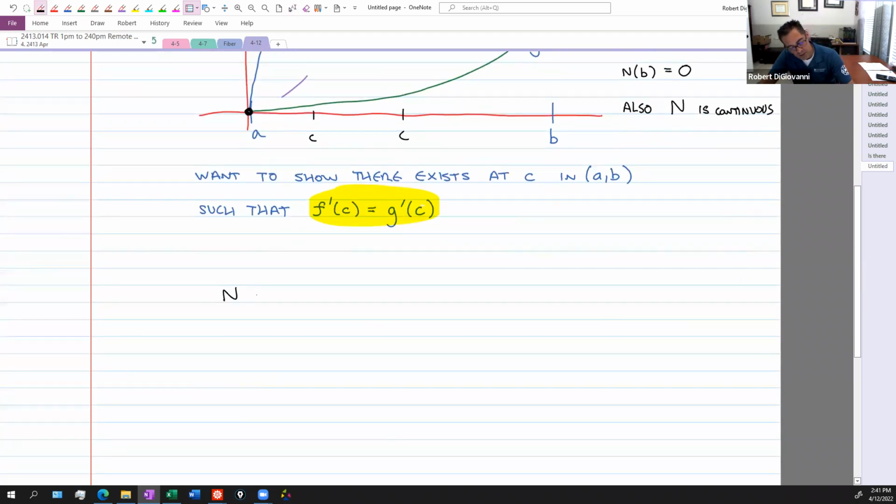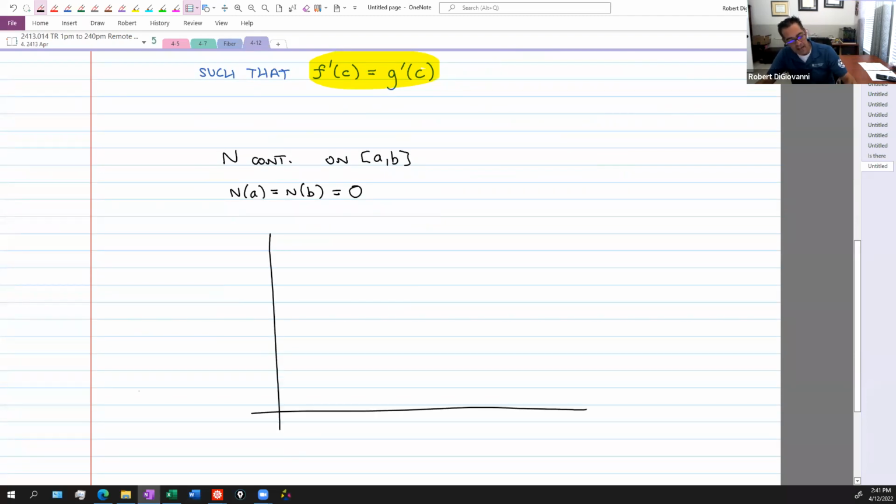So I have n is continuous on the interval AB, and n of A equals n of B, which equals 0, which means if I graph the n function, I know that at A it's 0, at B it's 0, right?